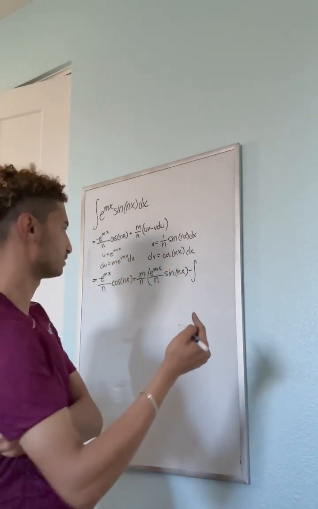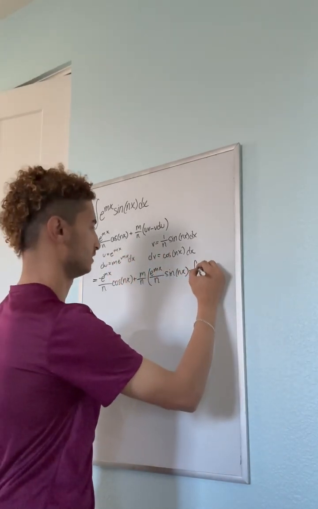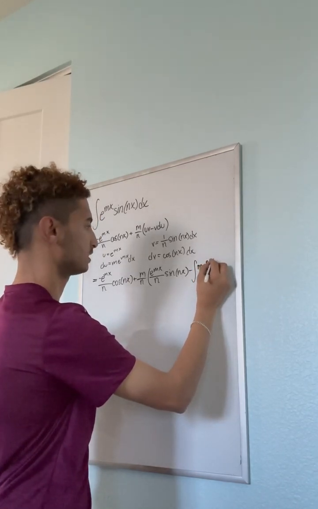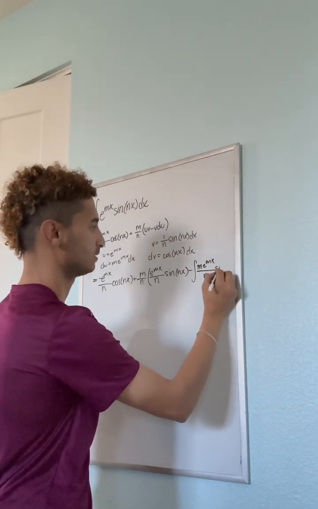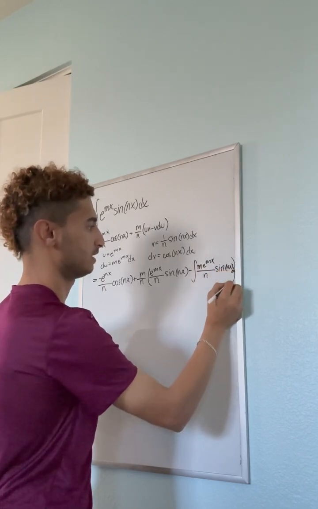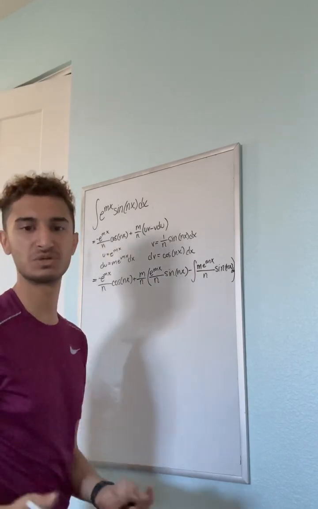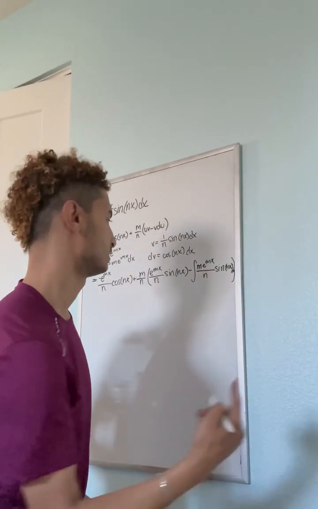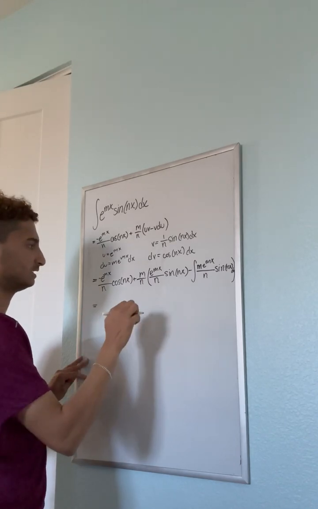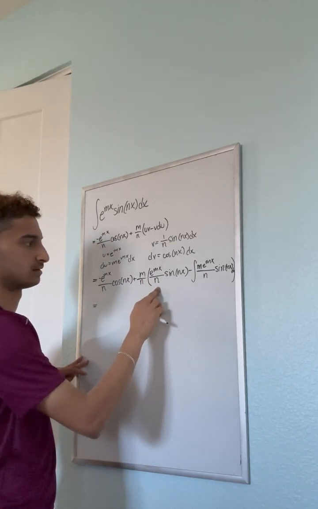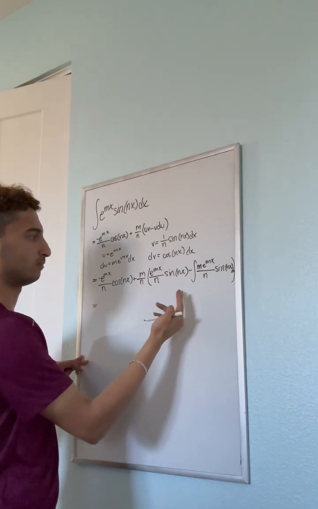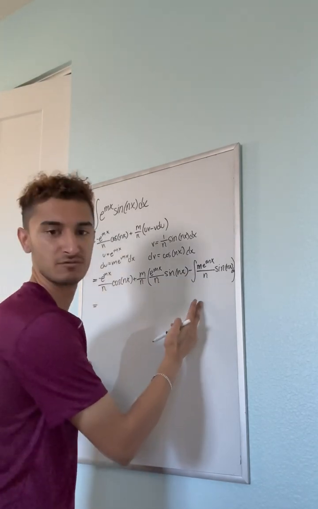That's going to be super duper long, so bear with me. m e to the mx over n sine nx dx. And again, this whole thing is being multiplied by m over n. So keep that in mind. So you could see that there is an n here, right? And there is a 1 over n over here as well.